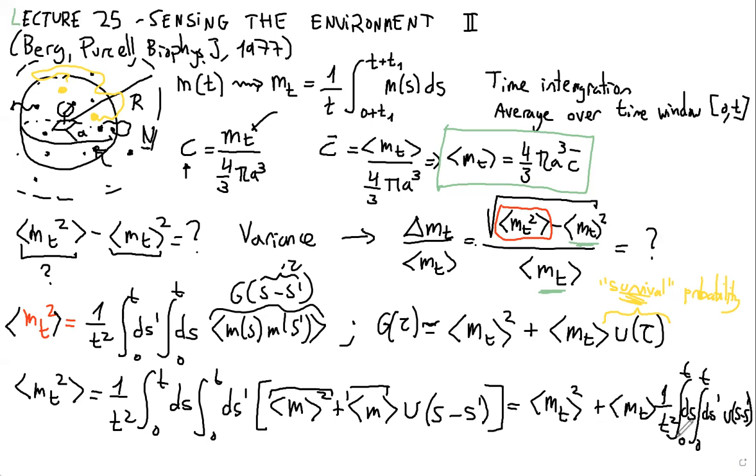So this is the quantity I'd like to compute, and I will call all this g of t. You see that we are integrating over s prime and s, so the only variable that will survive here is t. This will be a function of t.